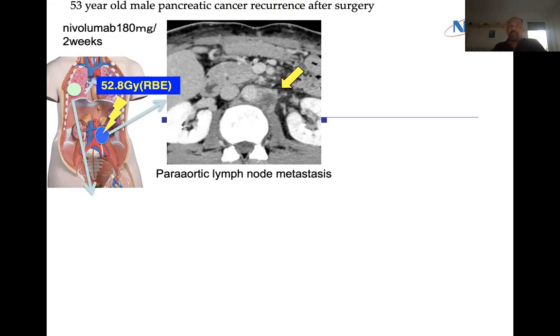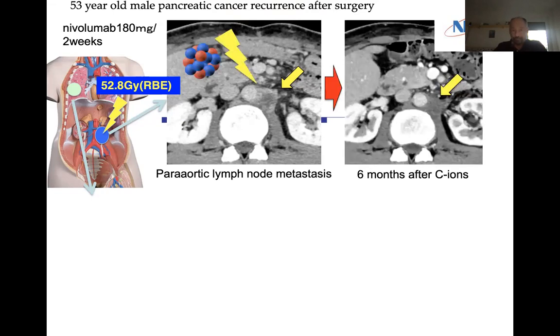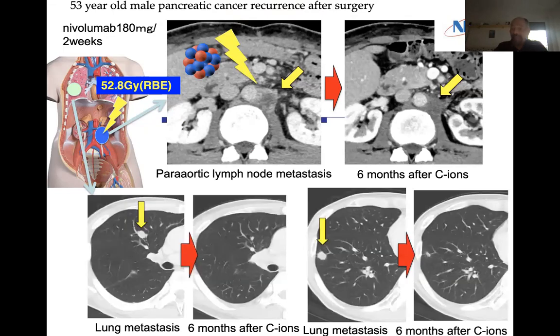This is a 53-year-old male with pancreatic cancer recurrence after surgery. There is the treatment of para-aortic lymph node metastasis with carbon ions, but the lung metastasis also disappeared. So that's interesting. You see the example of how effective the combination of immunotherapy and carbon ion therapy can be.